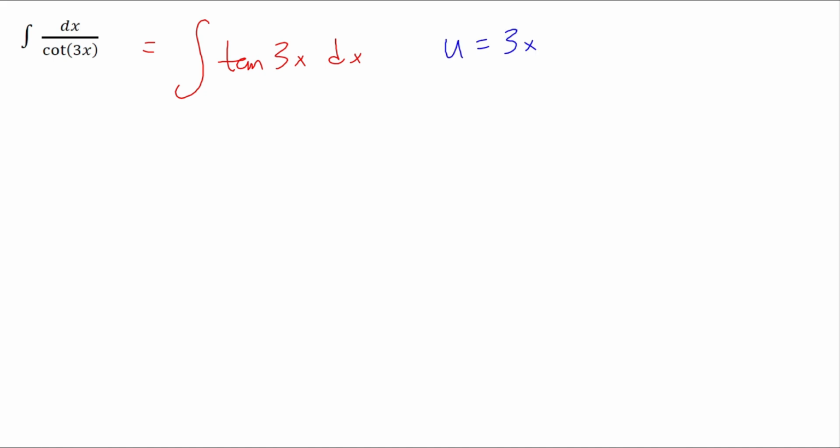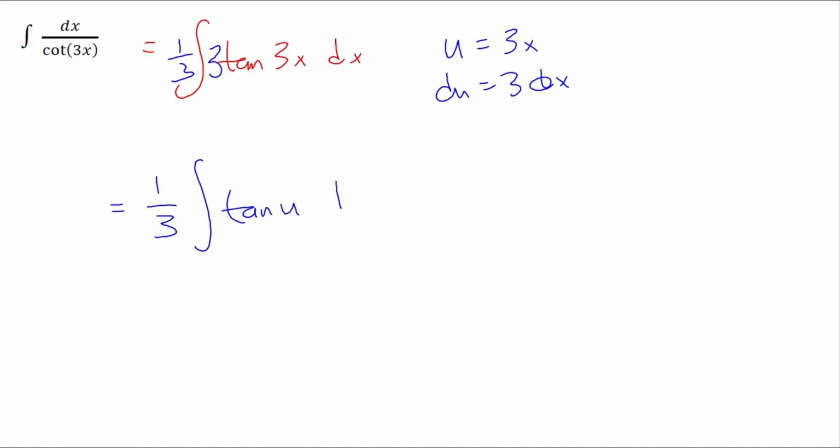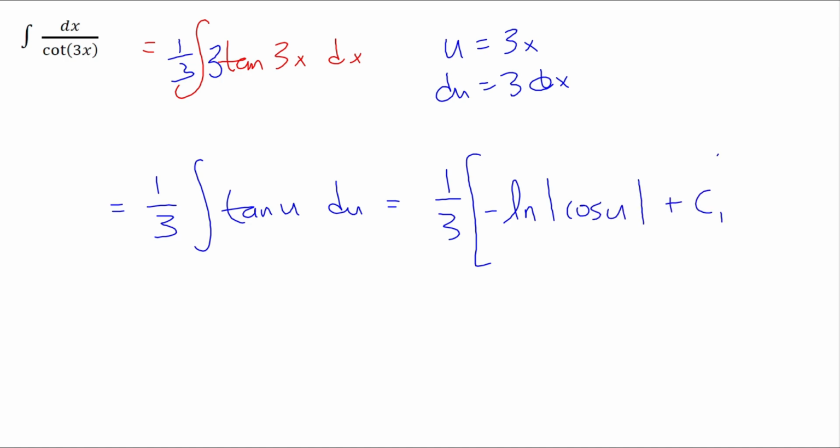We'll let u equal 3x, and then du will be 3 dx, so that we can turn this into an integral that's just tangent u. So we'll put the 3 inside and the 1/3 outside, like I just did. And we have 1/3 the integral of tangent of u du. Well, in class, we proved that the integral of tangent is negative natural log absolute value of the cosine of u plus some constant.